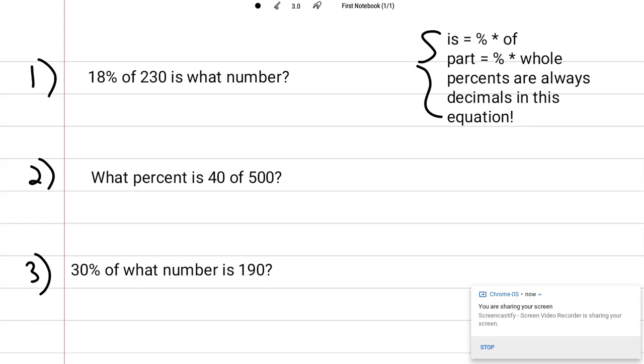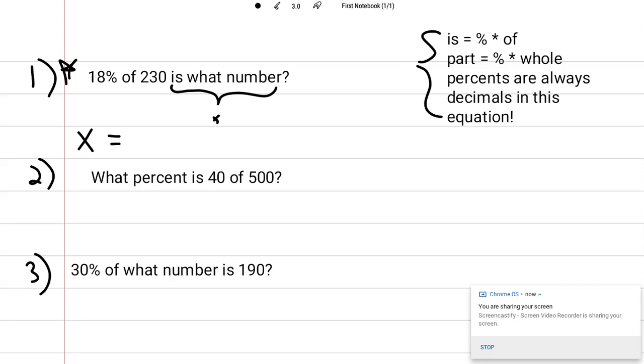So let's take a look at this first one here. 18% of 230 is what number? Is what number? That tells me I need to figure out what the is going to be. I'm going to make that x, just a very generic variable, equals.